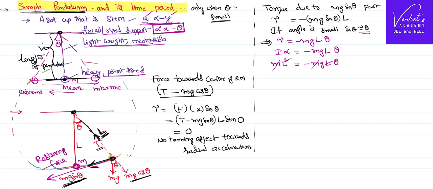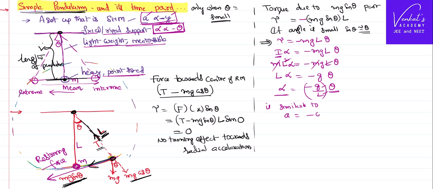So L alpha equal to minus g theta, so alpha equals minus g by L into theta. Alpha is angular acceleration, theta is angular displacement, g is a constant, and the length of the pendulum, an inextensible string, L is also constant. So this is similar to what we have written earlier.